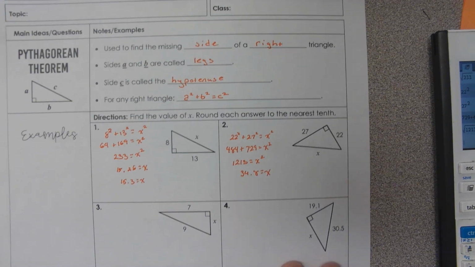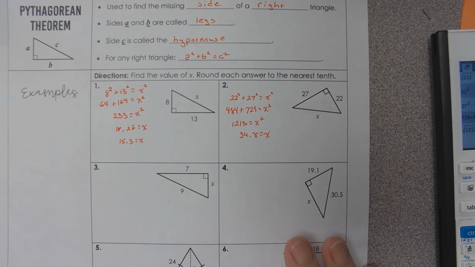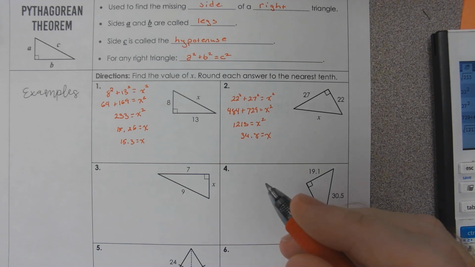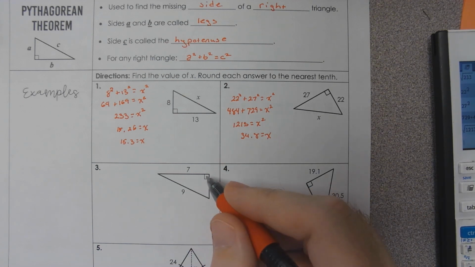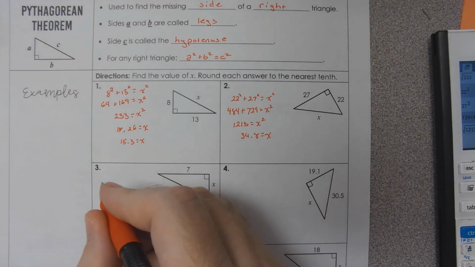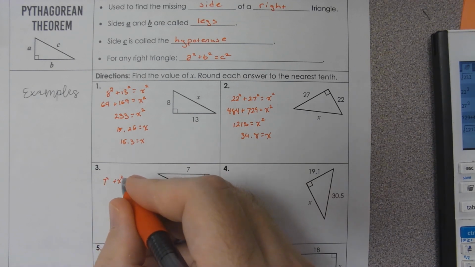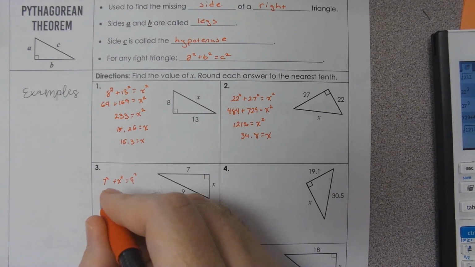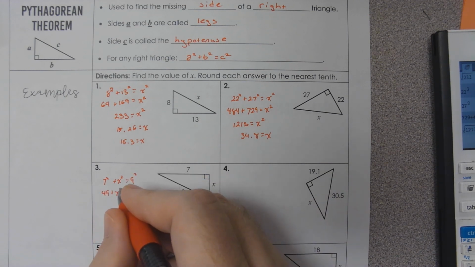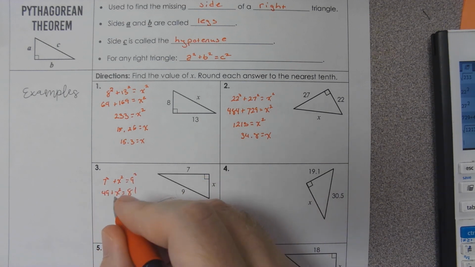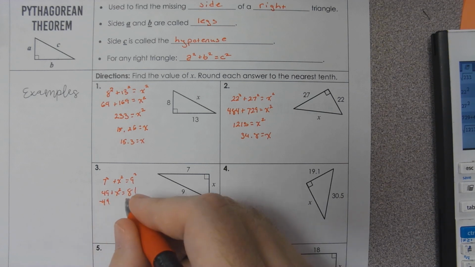Okay. Now when we look at this next one, we're looking for a leg, so that's 7 squared plus x squared is 9 squared, so that's 49 plus x squared is 81. So we subtract 49 from each side.